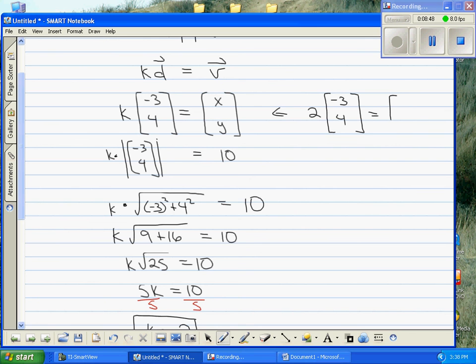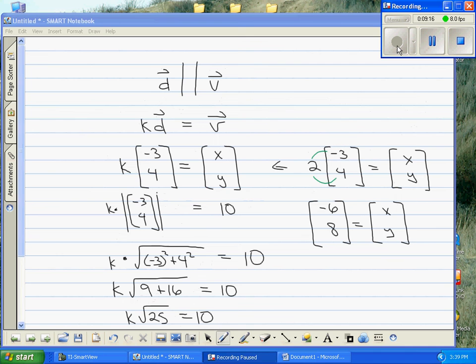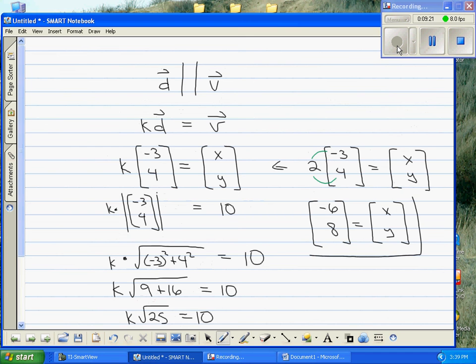Distributing my 2 across, that tells me that -6, 8 is equal to my velocity vector x, y. So here I have the velocity vector of my object. This concludes this portion. Please go to the next video.